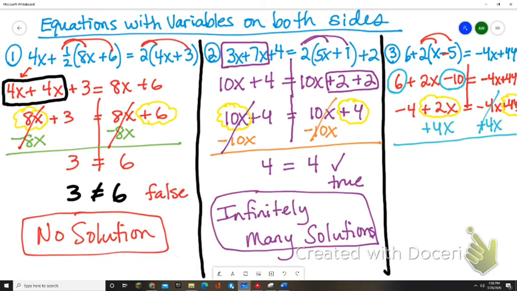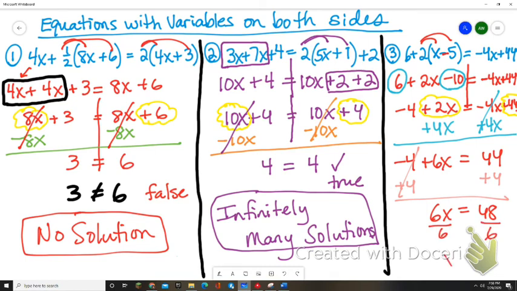And on the left side, I am left with -4 plus 6x equals 44. So now I need to move the -4 to the other side, and I have 6x equals 48. So I divide by 6 and I get x equals 8.